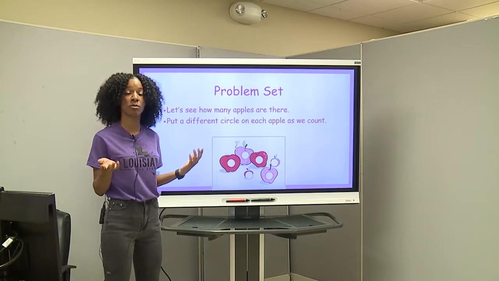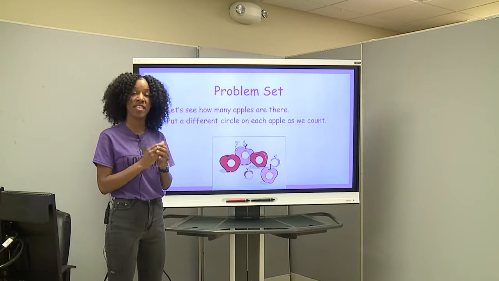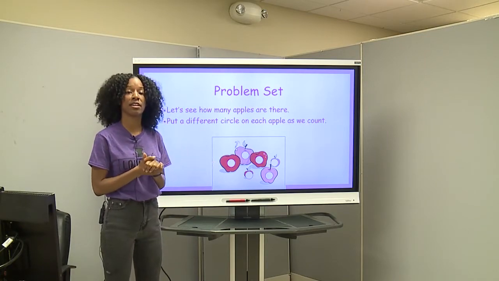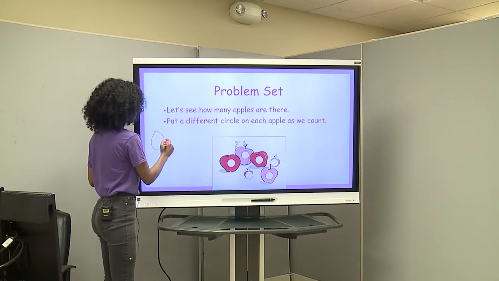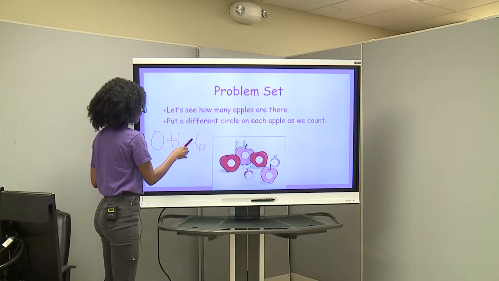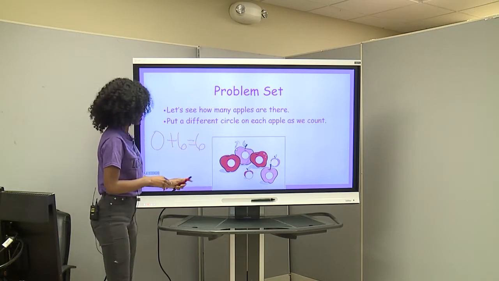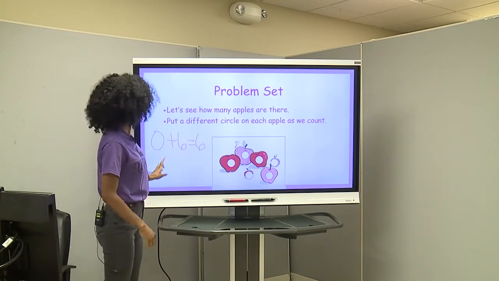So our expression would be 0 oranges plus 6 apples. And that's our expression. But if we wanted to put that into a number sentence, it would be 0 plus 6 equals 6. So that would be 0 oranges plus 6 apples equals a total of 6.